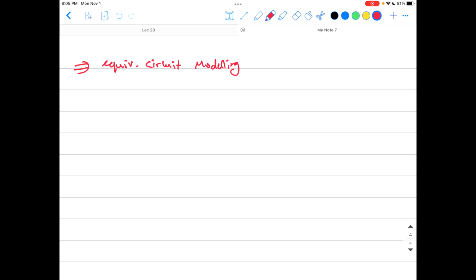We first understand the construction of the machine and the theory of operation, how the machine works, and then jump to the equivalent circuit modeling: how to model the machine, quantify it, and predict its performance using just an equivalent circuit, solving it like an electric circuit, and see how this machine will perform at different operating conditions.